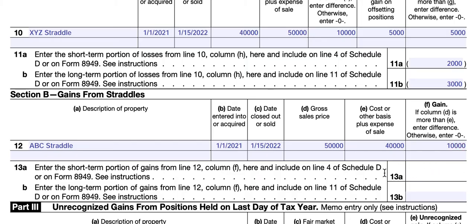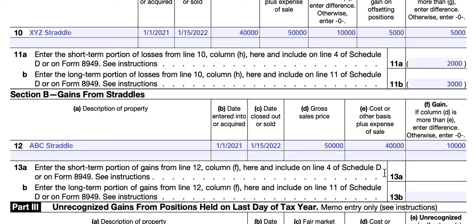The short-term portions of the gains are going on line 13A. The long-term portion of the gains would go on line 13B. They also go on line 4 of your Schedule D or line 11 of your Schedule D respectively.